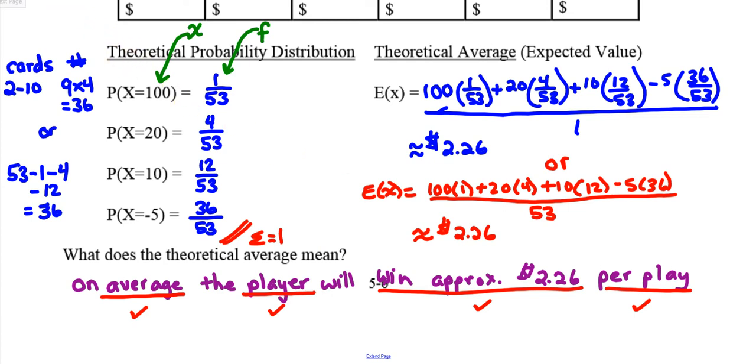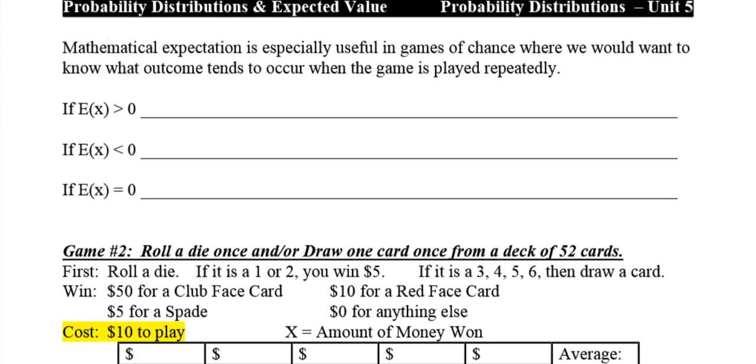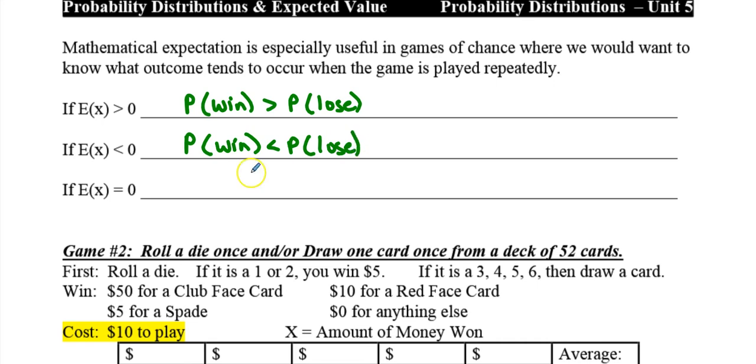So that's one of the easiest possible games. But just to summarize what we just talked about, if your expected value is positive, that means your probability of winning is greater than your probability of losing. If your expected value is negative, the probability of winning is less than the probability of losing. And if your expected value is equal to 0, that means your probability of winning is equal to the probability of losing.